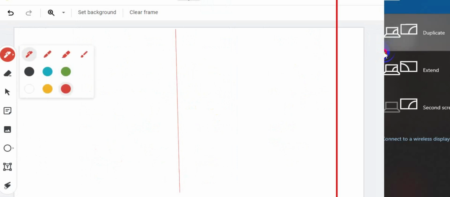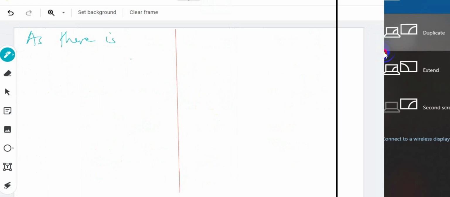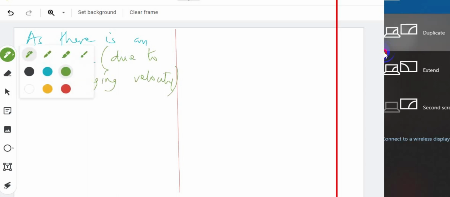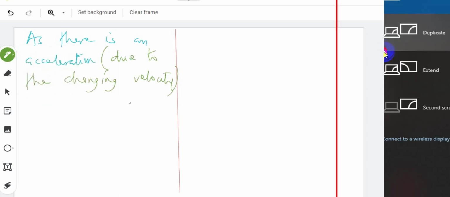So we can say that as there is an acceleration due to the changing velocity, there must be a force.